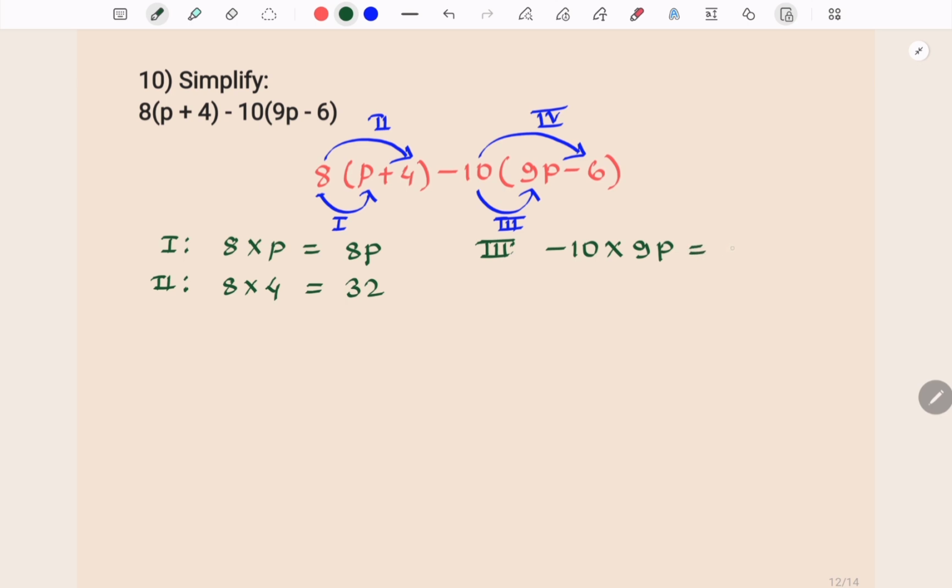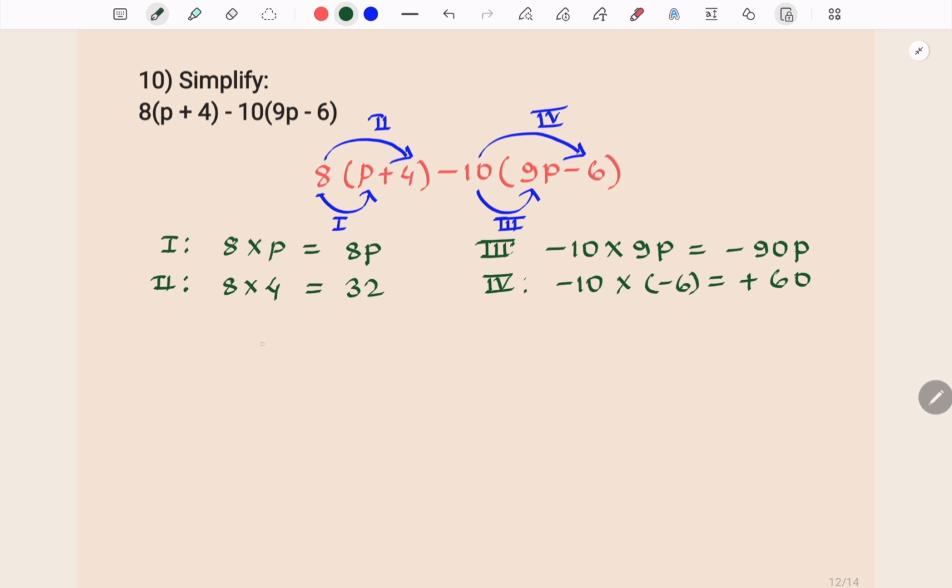Minus 10 times 9p gives minus 90p. And the fourth multiplication is minus 10 multiplied by minus 6. It gives plus 60. You know very well what our next step would be.